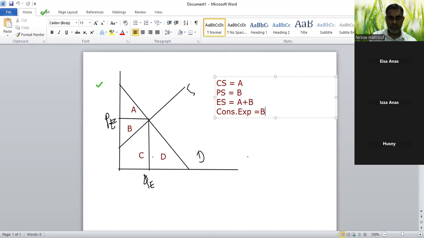Consumer expenditure is B plus C. Can you understand? Price into quantity, that is B plus C.